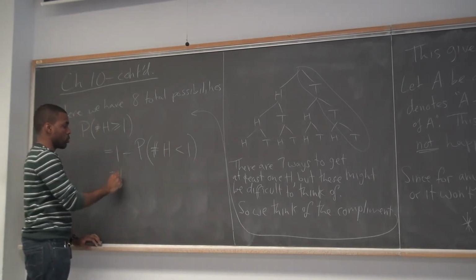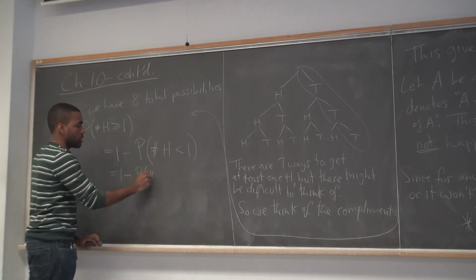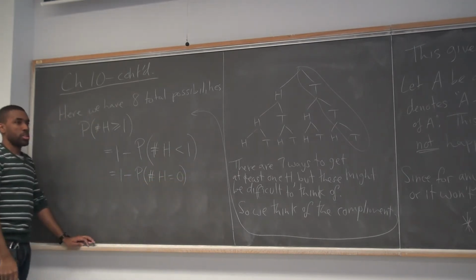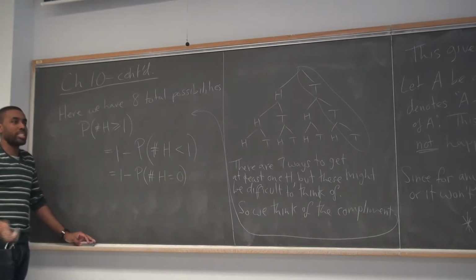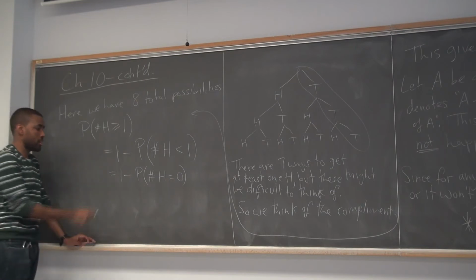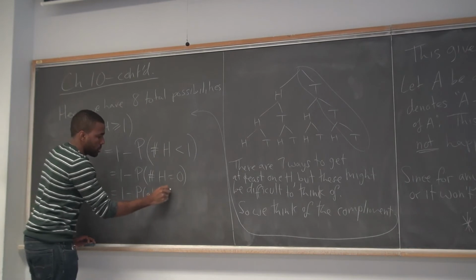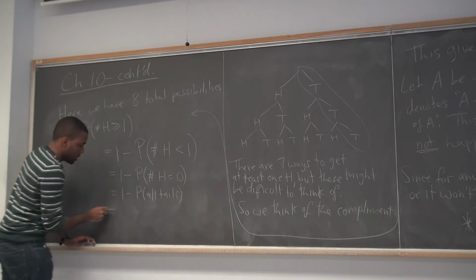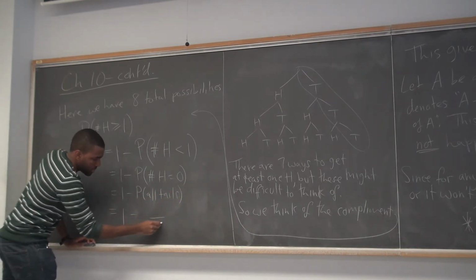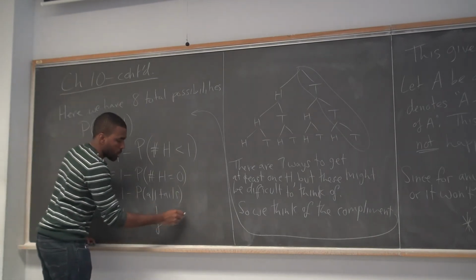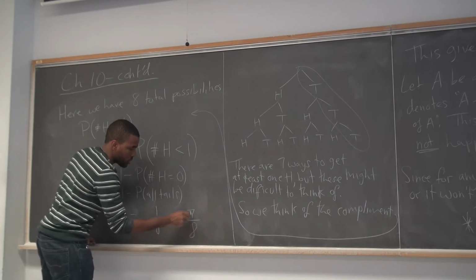In other words, this is just 1 minus the probability that the number of heads is 0. But there's only one way for that to happen. There's only one way to get no heads. This means all tails. Well, since there are 8 possibilities, there's only one way to get all tails. It means the probability of getting at least one head is 7 out of 8.